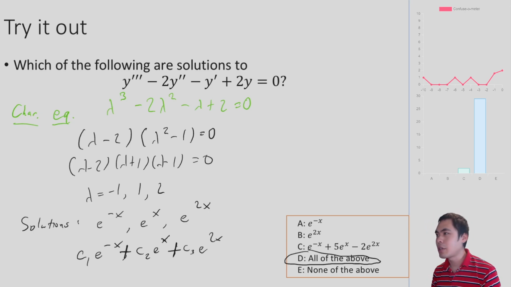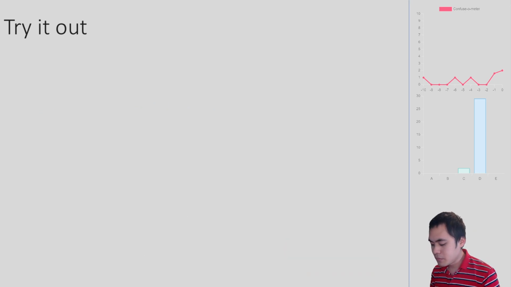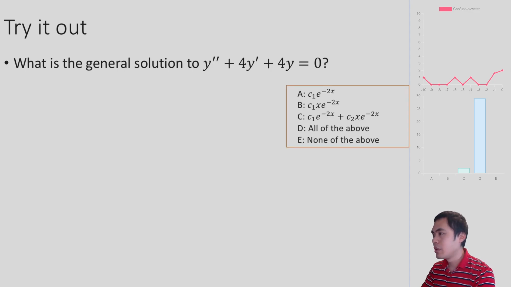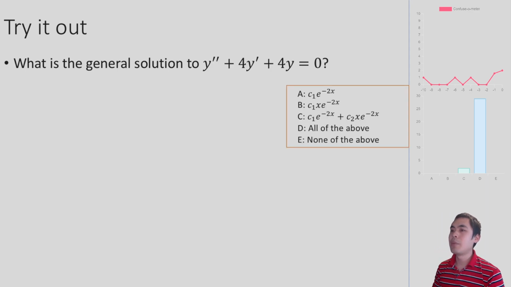So we aren't going to get to complex solutions today, but let's start out with this one. What's the general solution to y'' + 4y' + 4y = 0?